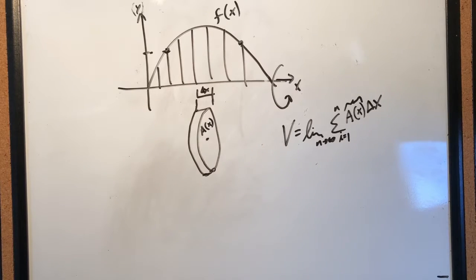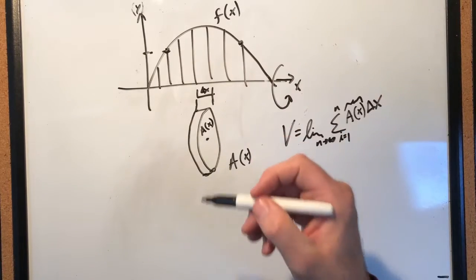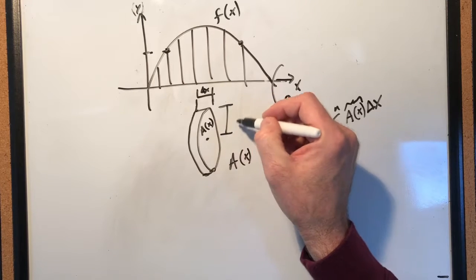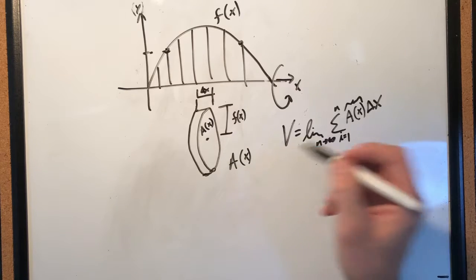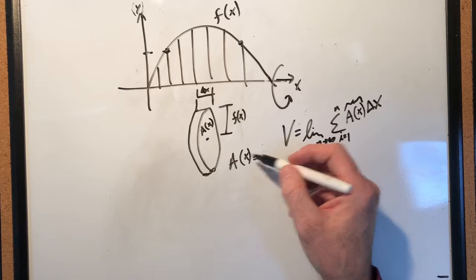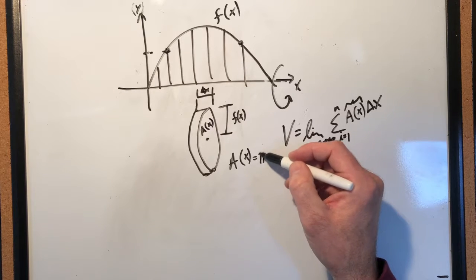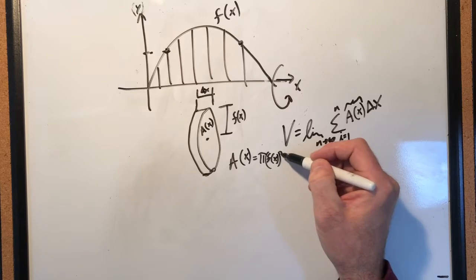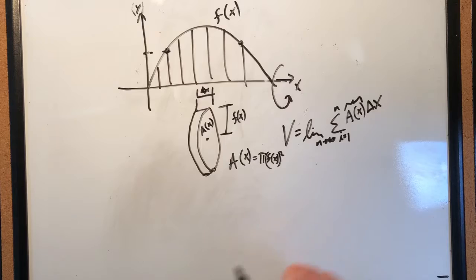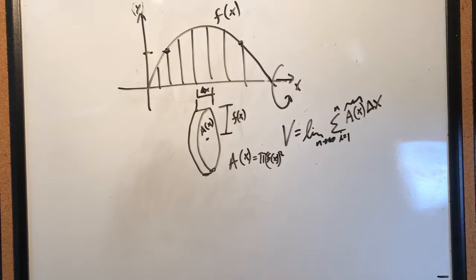So rotating those around is great. And then your area is going to look something like dx, because it's going this way. Your f of x value is going to be right there and act as the radius. So that area right there is going to be pi f of x squared, pi r squared. Okay, so that's what's going to be plugged into that area right there.